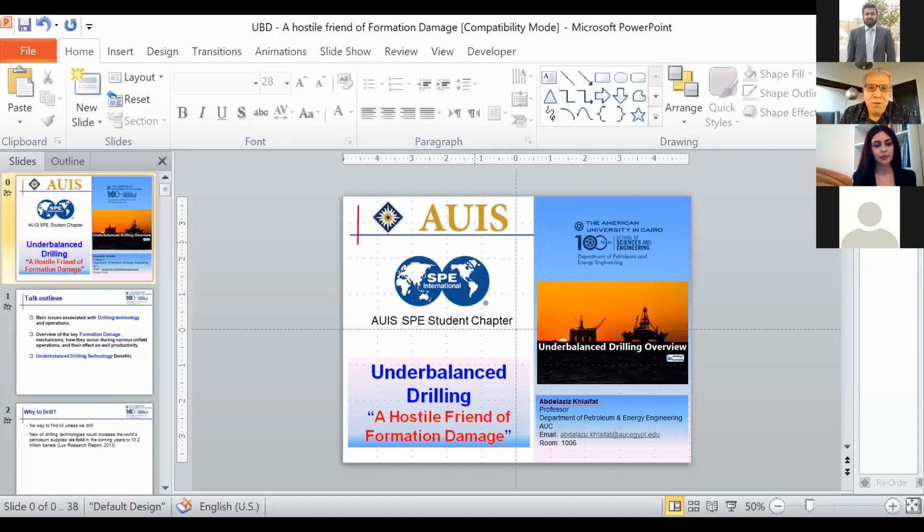Now, when you drill overbalanced, if the reservoir pressure is really low, the damage is significant. When you drill underbalanced, eventually you can move to almost completely air, and the mud weight is so low.